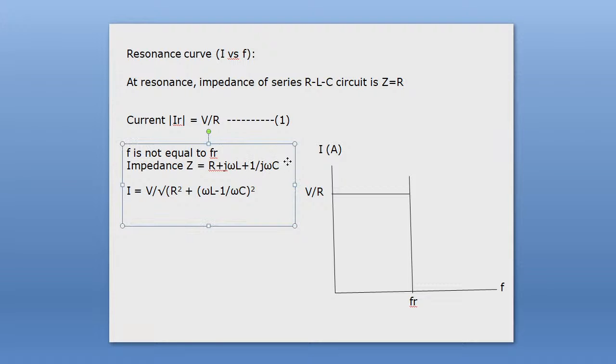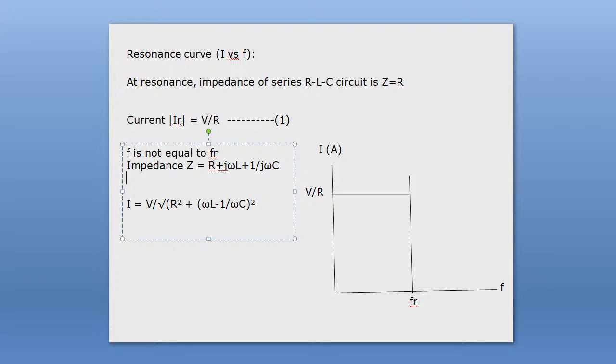So finally, mod of Z equal to what? You will get mod of Z, meaning magnitude. It is a complex term. Each and every complex term has two parts in polar form, magnitude and phase. So you can write square root of R square plus omega L minus 1 by omega C whole square.